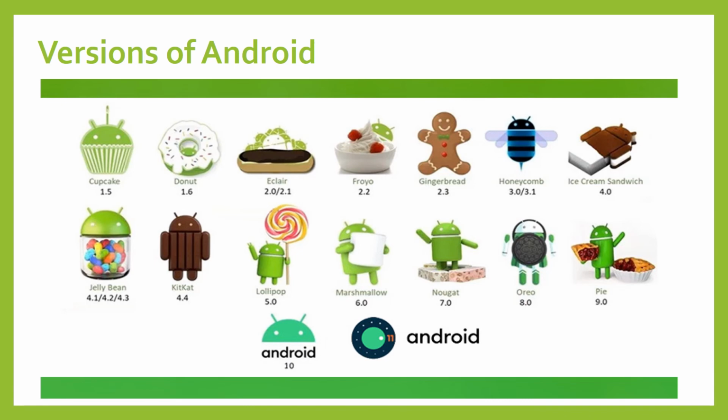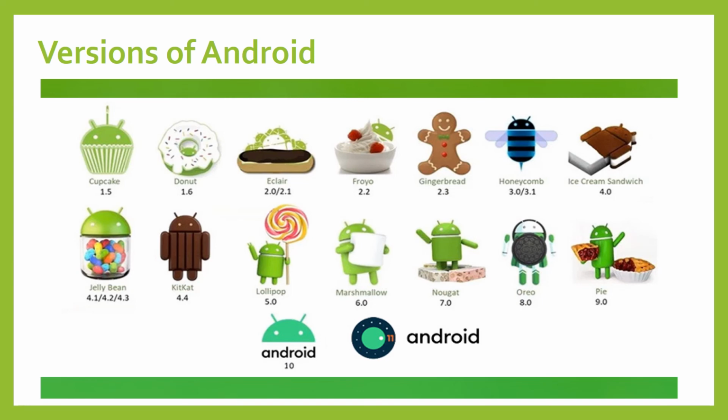Android 4.4 was called KitKat, Android 5.0 was called Lollipop, 6.0 was Marshmallow, 7.0 was Nougat, 8.0 was Oreo, 9.0 was Pie. So you can see A, B, C, D up to P. And then later, Android was named as Android 10 and Android 11.